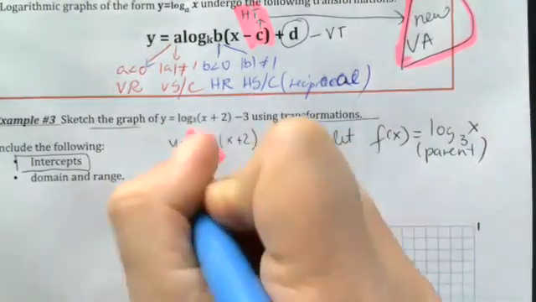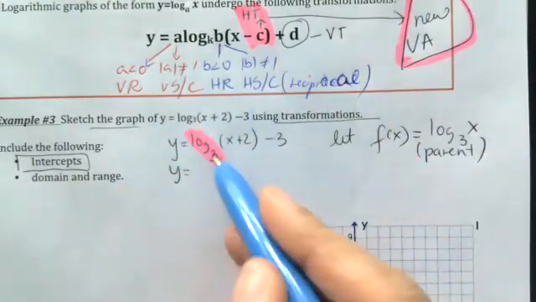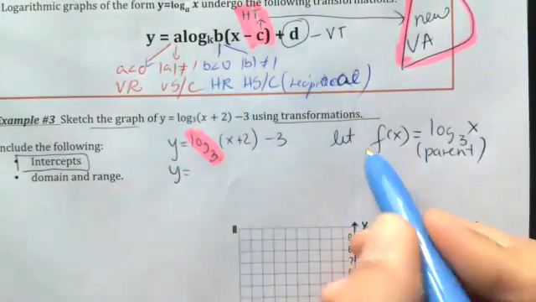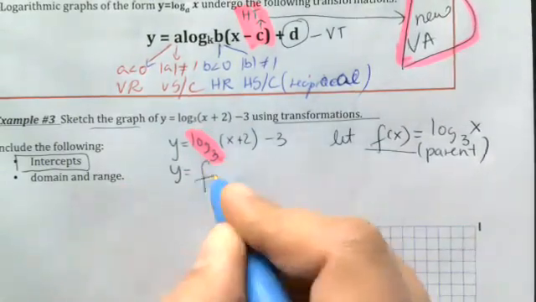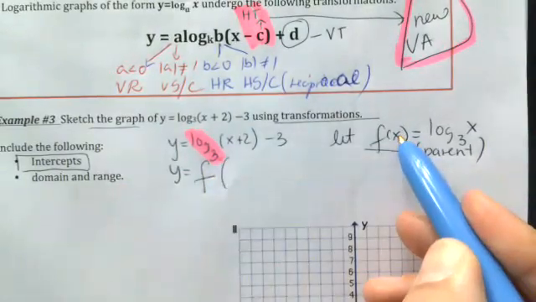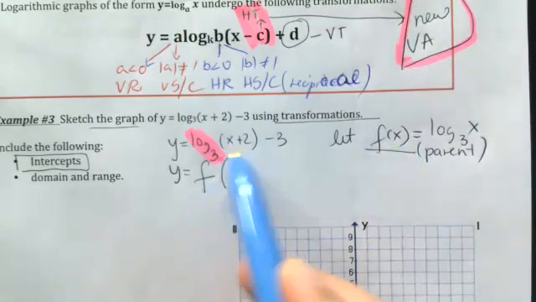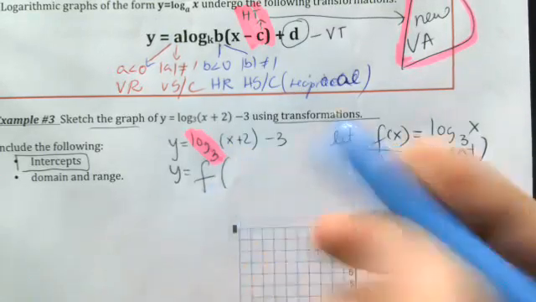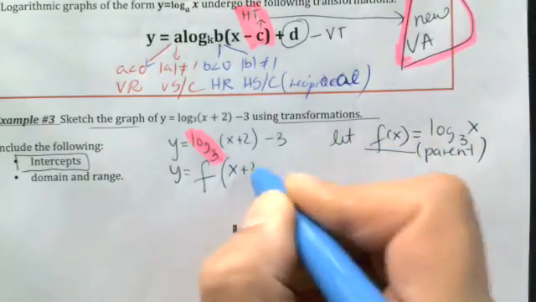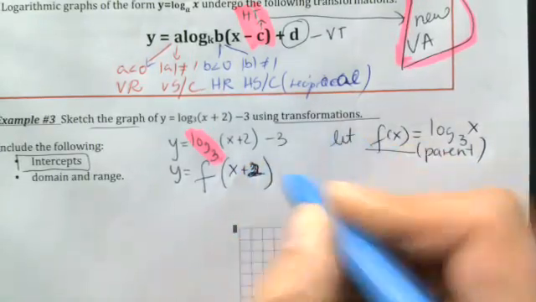And then when we rewrite it, y equals, we don't write log base 3 anymore, we just write the name, f of, and now under the x we don't just put x because that was for the parent function. Now we put what's under the x here, so x plus 2, and then minus 3.